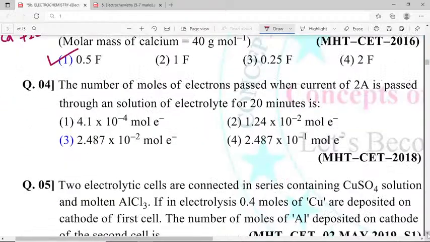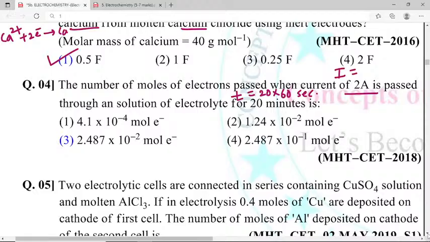The number of moles of electrons passed when a current of 2 ampere passes for 20 minutes. So the current I is equal to 2 ampere, and T is equal to 20 minutes. 20 multiplied by 60 gives the seconds. To find the number of moles of electrons, first we have to calculate the coulombs.